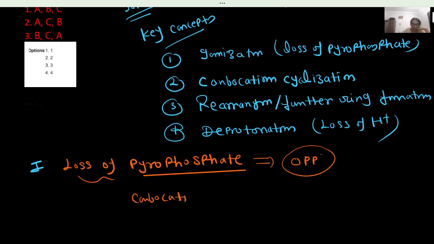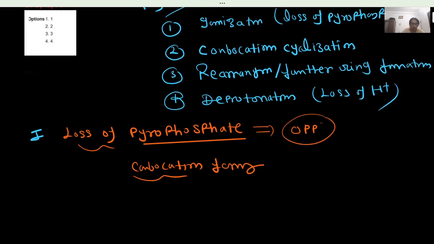When the pyrophosphate leaves, a carbocation is formed. When the carbocation forms, simultaneously a cycle is formed, that means cyclization occurs, as per our key concept.